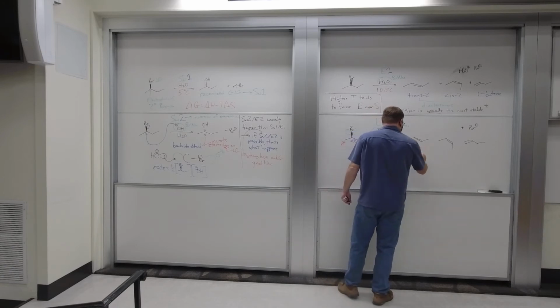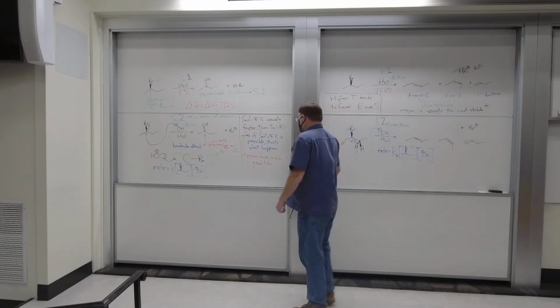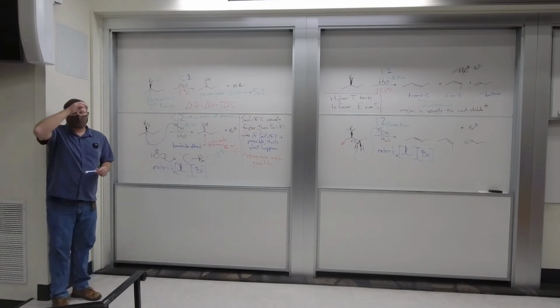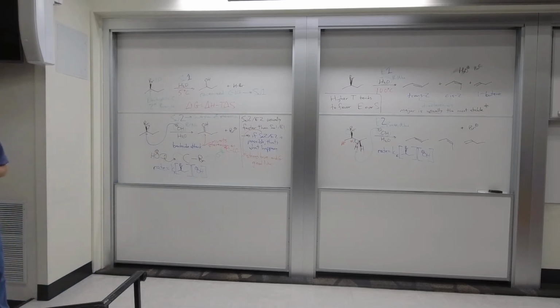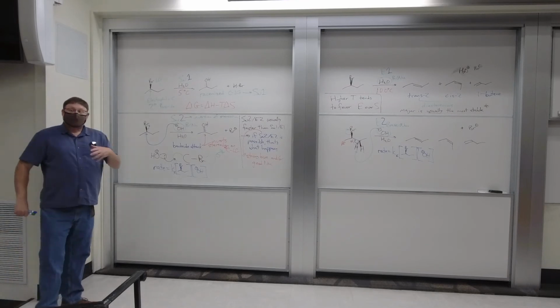The rate law is actually the same as for the SN2 reaction, but that k is going to be different. The rate constant for substitution is different than the rate constant for elimination. But it's a single-step reaction.